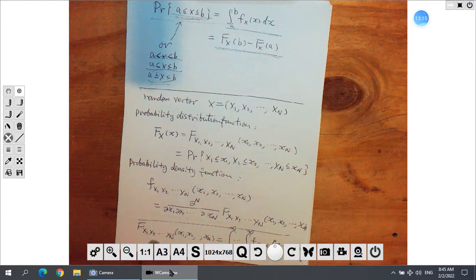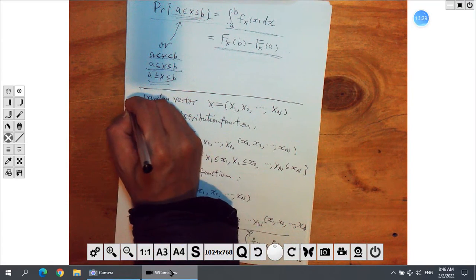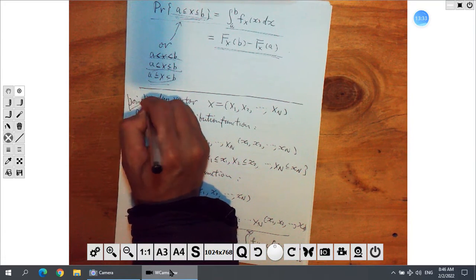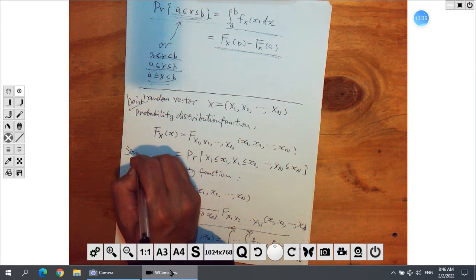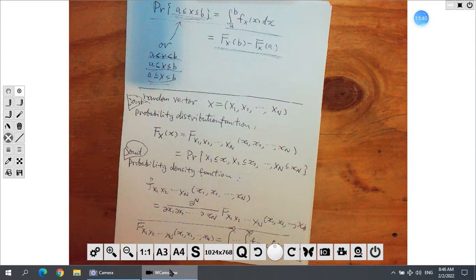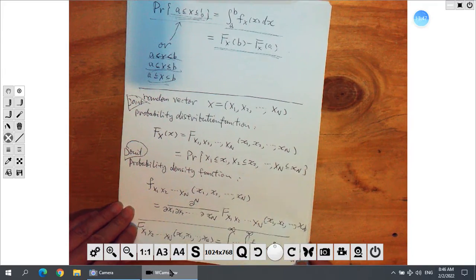Okay, so this is the density function. And if you want to make sure you are considering several random variables, you can add a joint in front of it: joint distribution function and joint density function. So this is for the random vector, or several random variables.